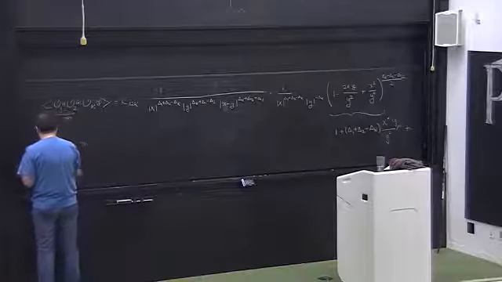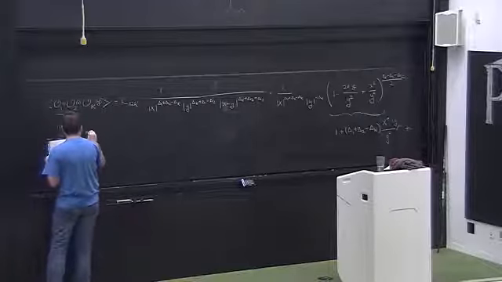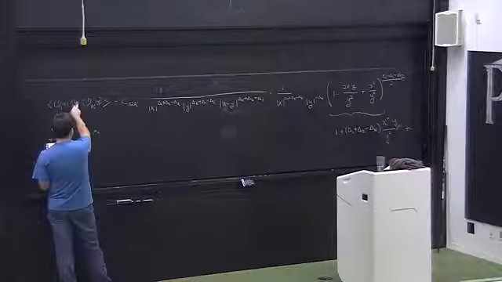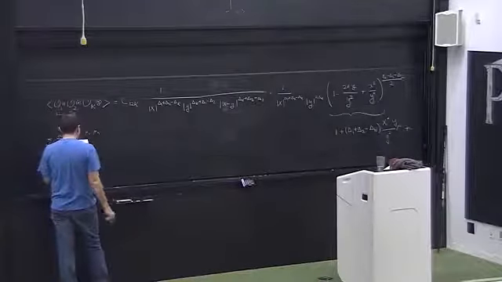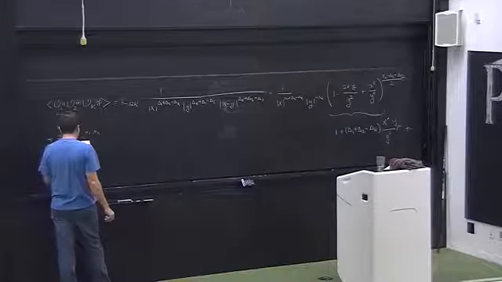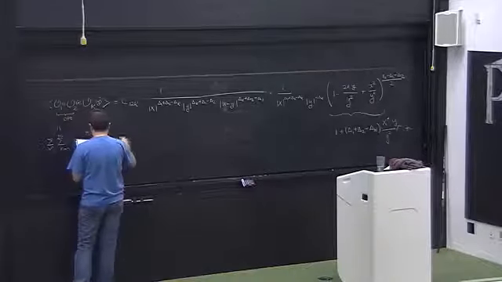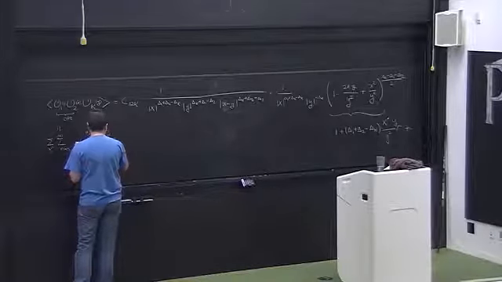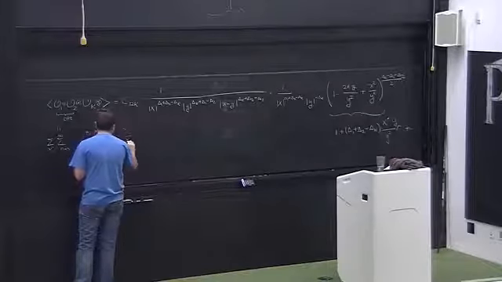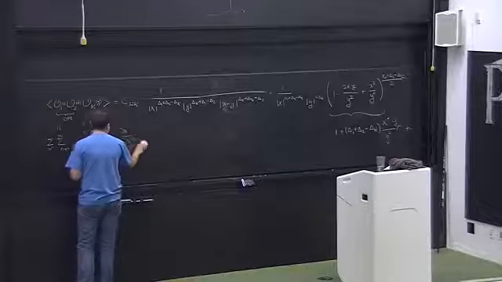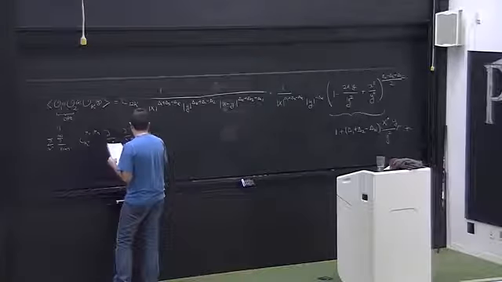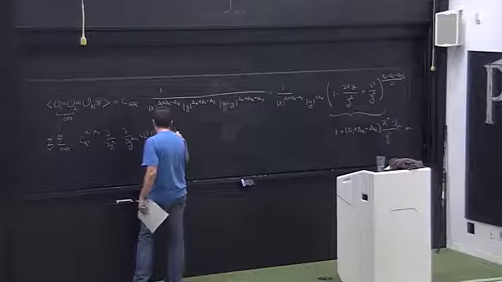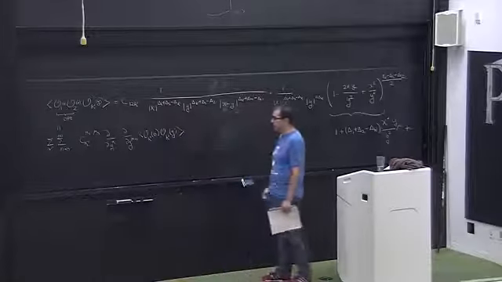Some c k prime with index mu1 up to mu n, and then derivatives that act on this operator, which I can write as derivative with respect to y mu1, up to derivative with respect to y mu n, acting on the correlation function OK prime of 0, OK of y. So I just use the OPE to replace the two operators by the operator OK prime.